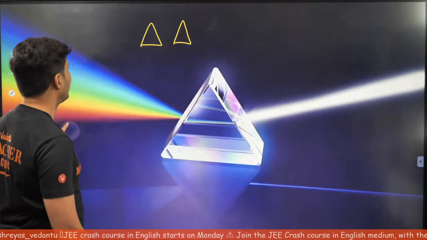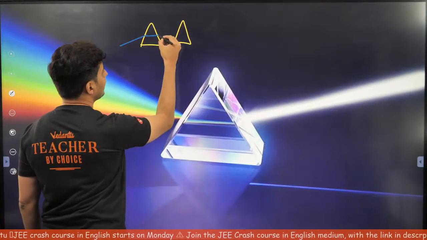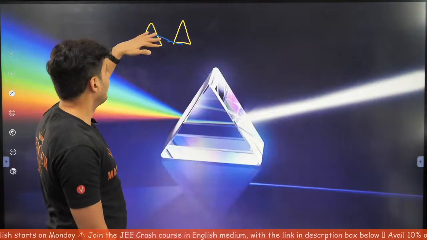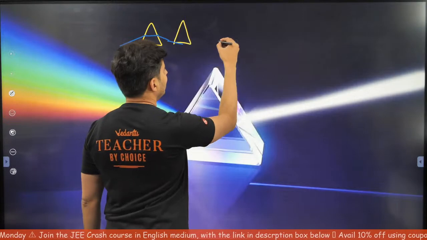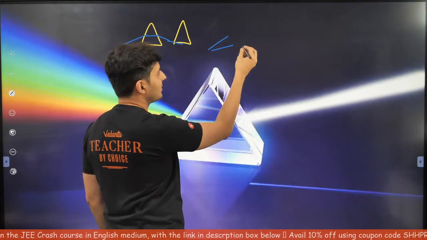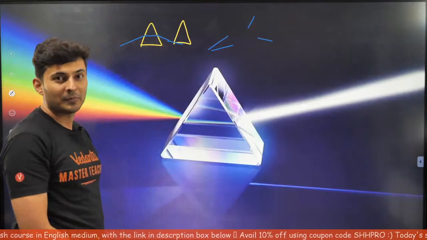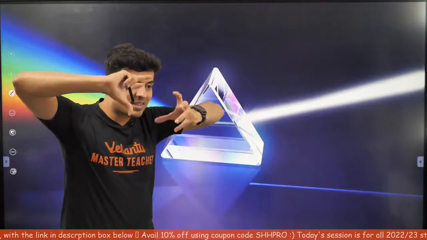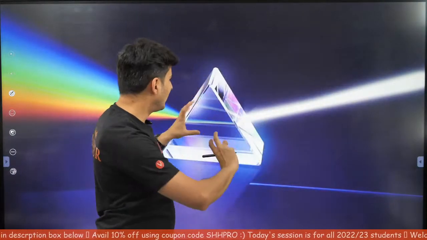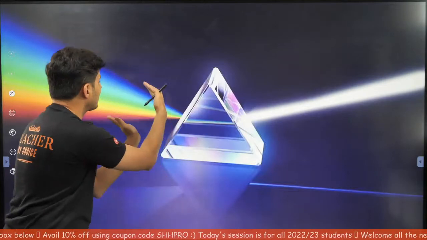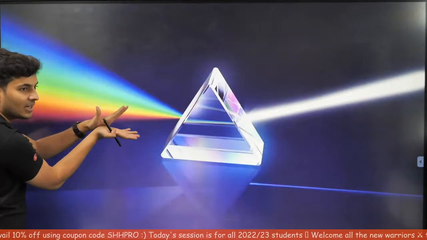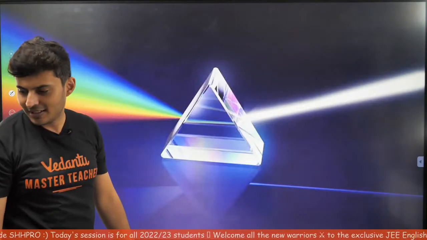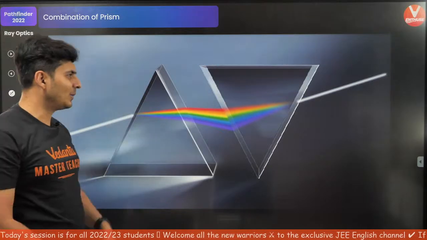Whatever light gets spread over here will spread even more in the next prism. I've not drawn it properly, but let's say the light spreads by some amount through the first prism. In the next prism, it will spread even more. But if the prisms are placed upside down, opposite, then the amount by which it spreads will again be converged by the second prism. Do you agree? It will try to converge it again. So here is how it looks.